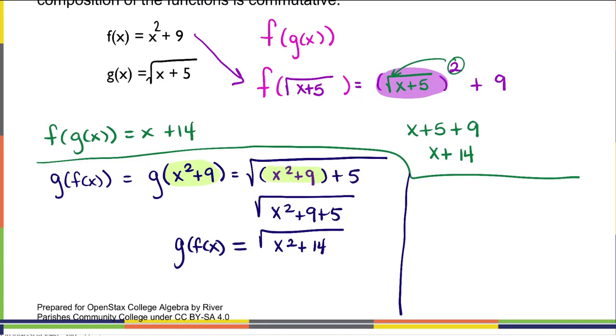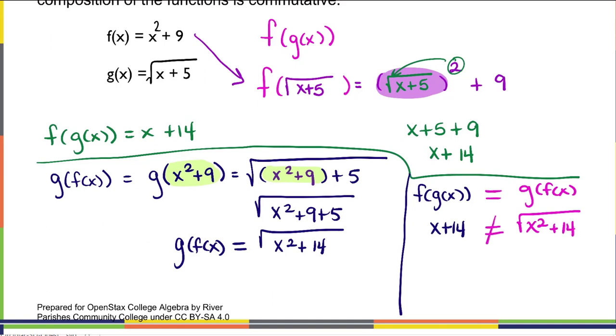So now we have f of g of x, which is x plus 14, and g of f of x, which is the square root of x squared plus 14. Those do not equal. Therefore, f of g of x doesn't equal g of f of x, so it's not commutative.